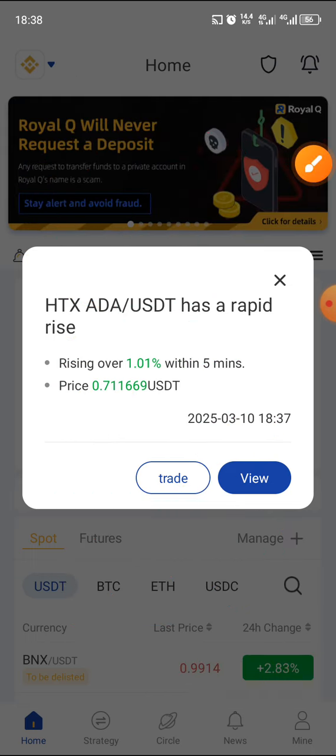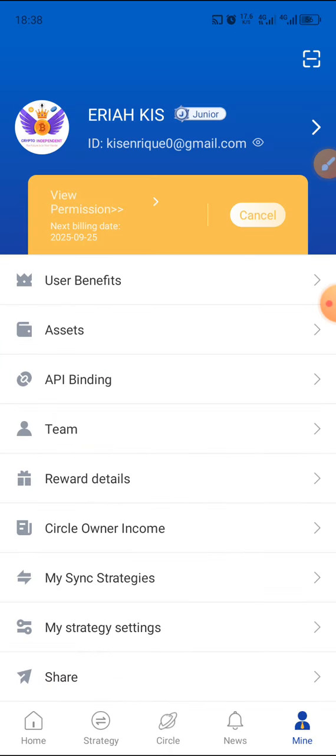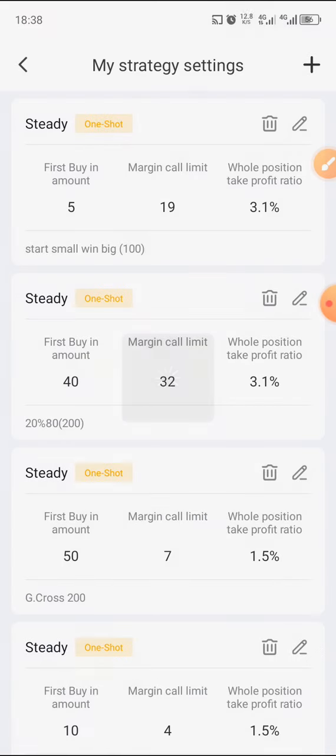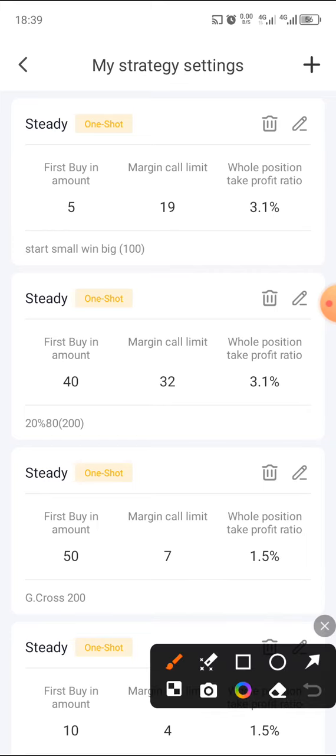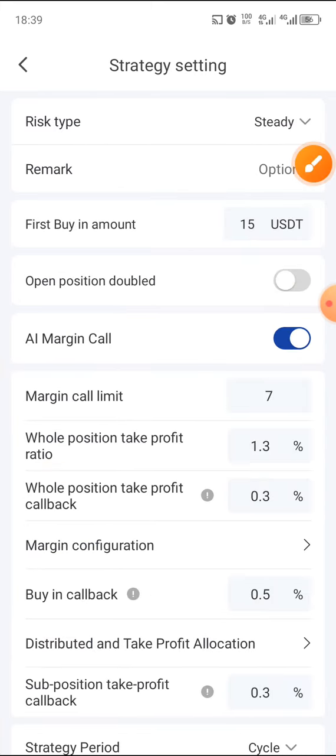Okay, so while setting the strategy, I know all of you by now know how to set a strategy. If you want to create a new strategy, it's also not bad according to your choice. So you come, tap on the plus button here, so that you can add another strategy.